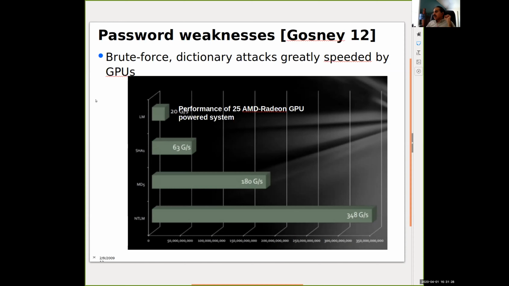The way you can think of a salt working is that each user, when they sign up for an account, a random number is generated called the salt for this particular user. This salt value will also be stored in the password database.